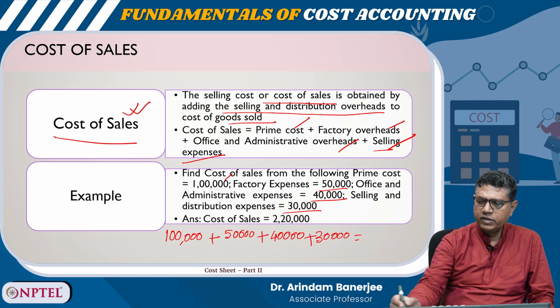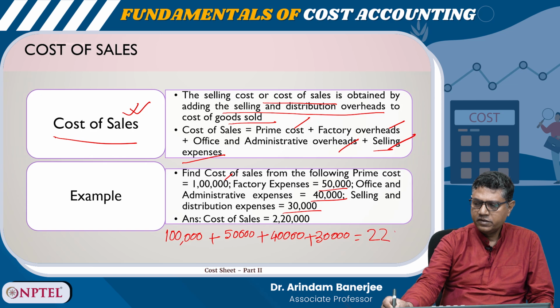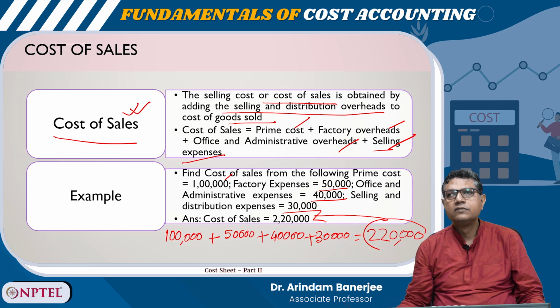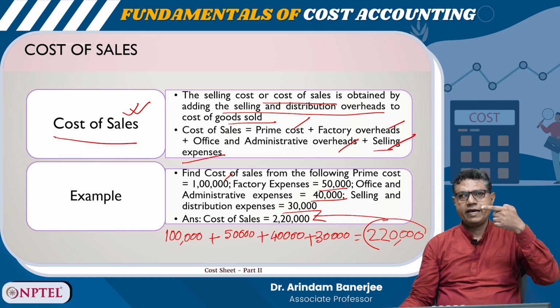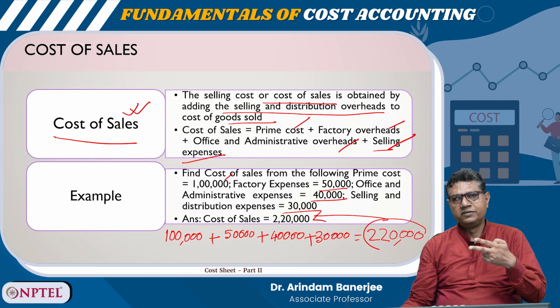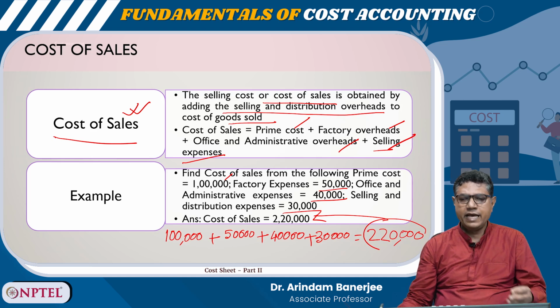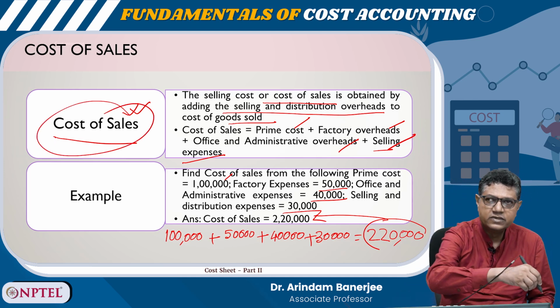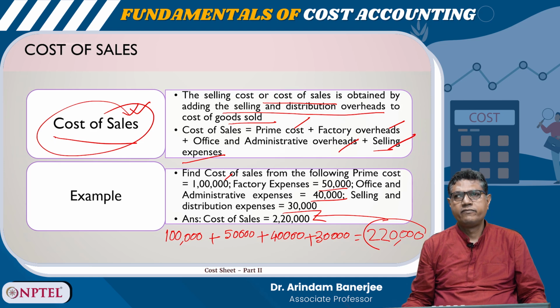So you are getting how much if you add this? 2,20,000, which is same as this. So we have taken prime cost first. With prime cost, we added the factory overheads. With that, we added the administrative overhead, and now we are adding the selling and distribution overheads to arrive at the cost of sales. Fine, okay.